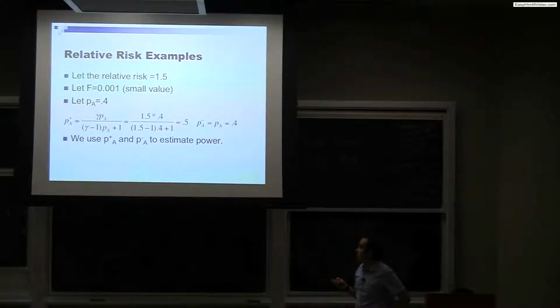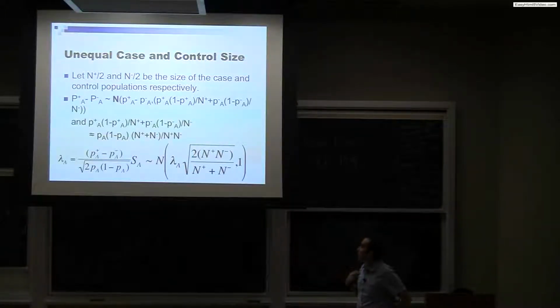Okay, last concept here. So we've been dealing with n/2 cases and controls. Now what if you have different numbers of cases and controls? Let's say that you have n+/2 cases and n-/2 controls. So the statistic, this difference, is going to be this. Under the null, this is still going to be 0.